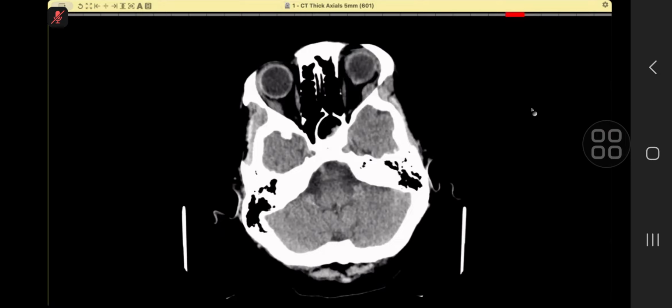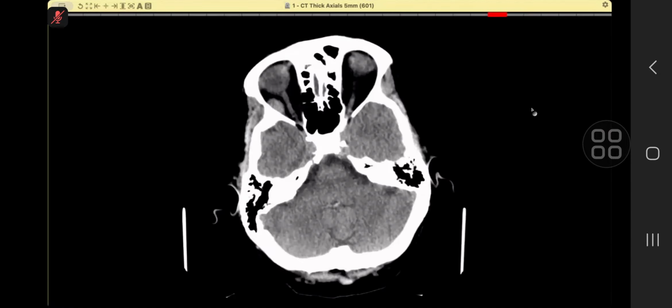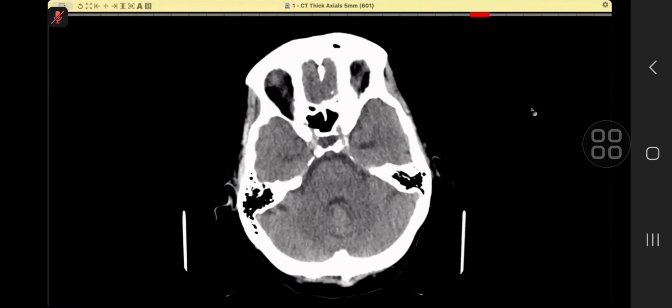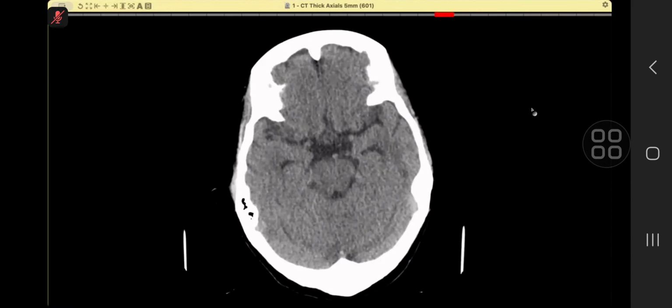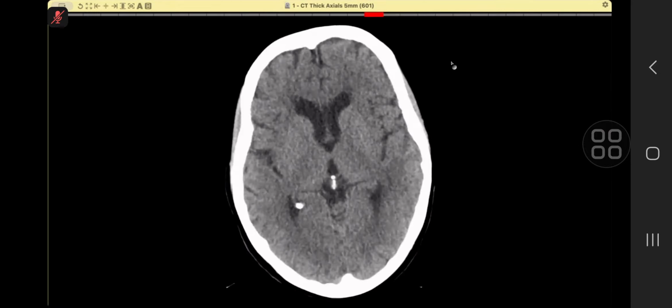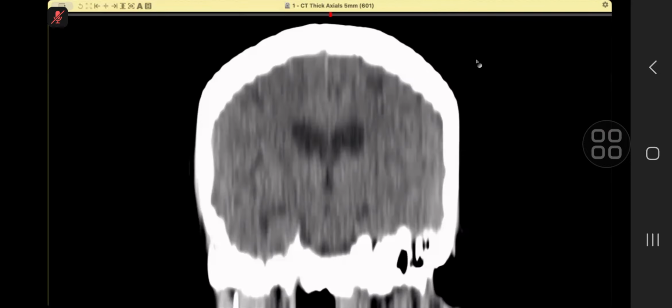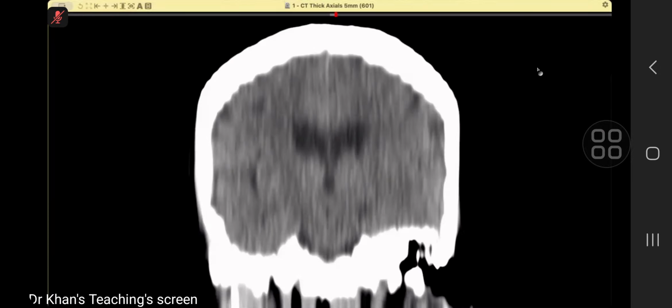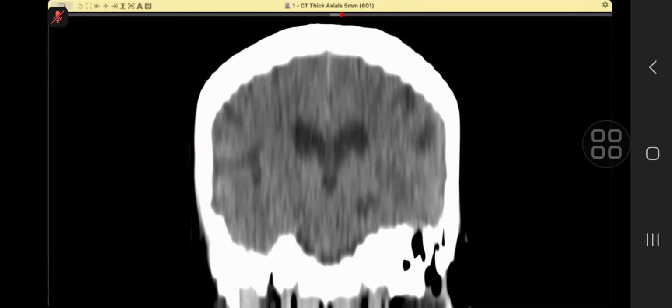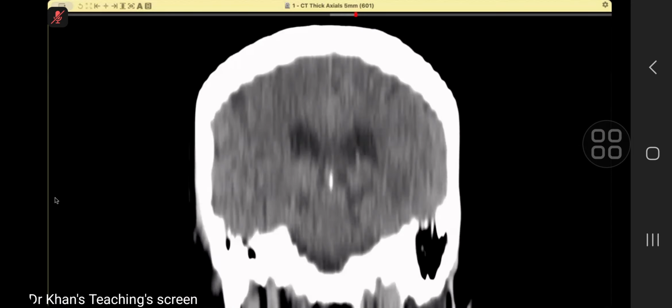The bellies of both lateral rectus muscles are swollen, but there is normal tendinous insertion. Sir, I would like to see the coronal images. Rest of the brain parenchyma, I would just like to give it a scroll. Don't worry about it. As far as the rest of the parenchyma is concerned, it was normal.